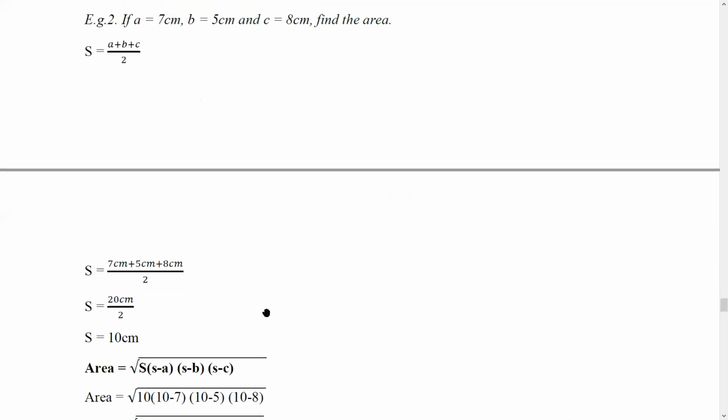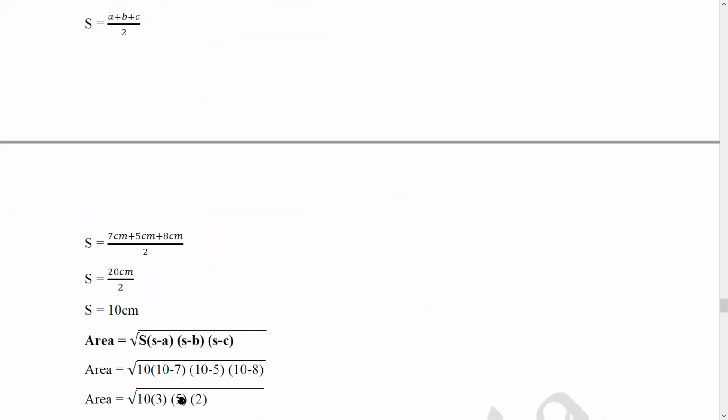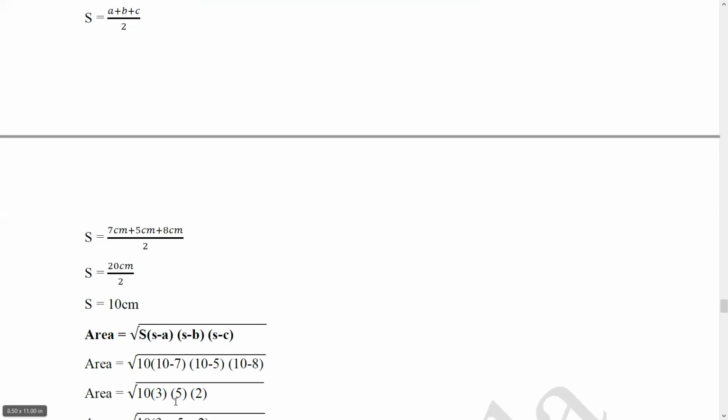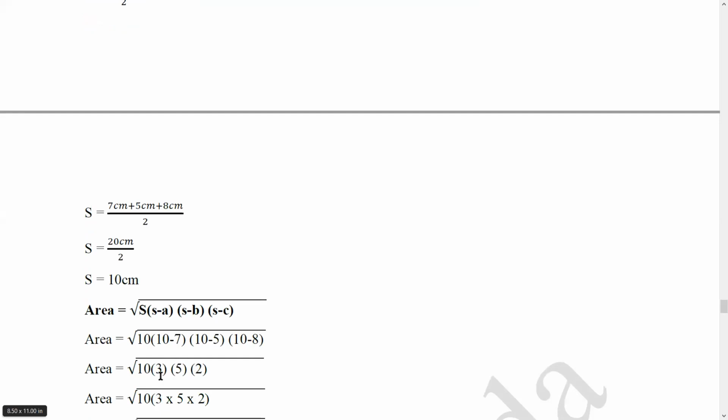So wherever you see S in the formula, you put 10. And the value of A we know is 7, B is 5, and C is 8. So 10 take away 7 is 3, 10 take away 5 is 5, and 10 take away 8 is 2.